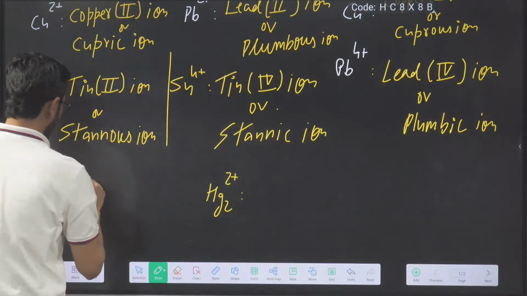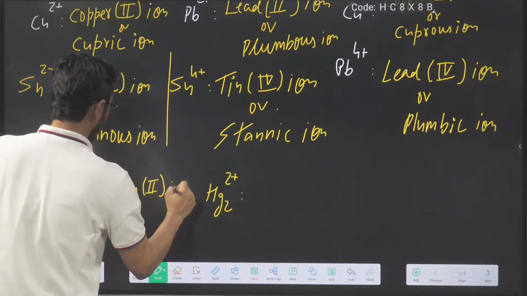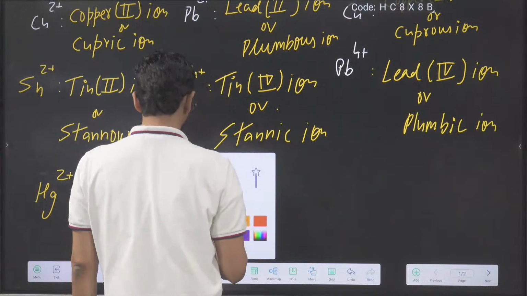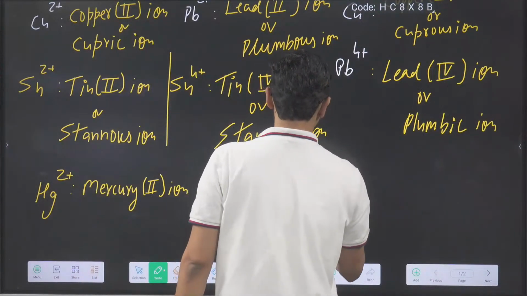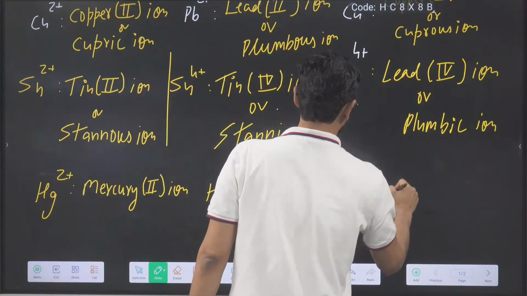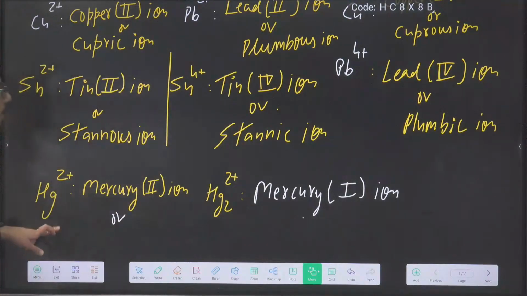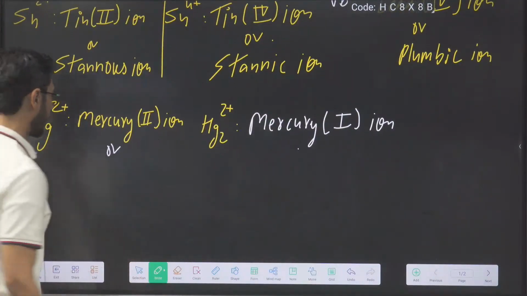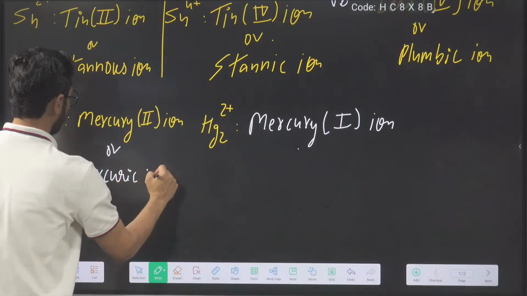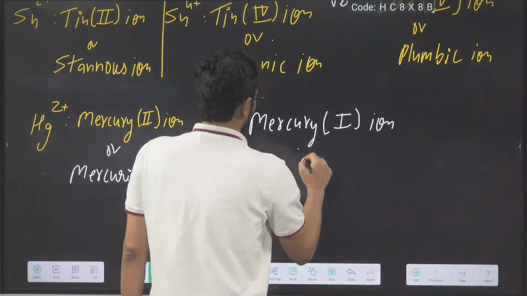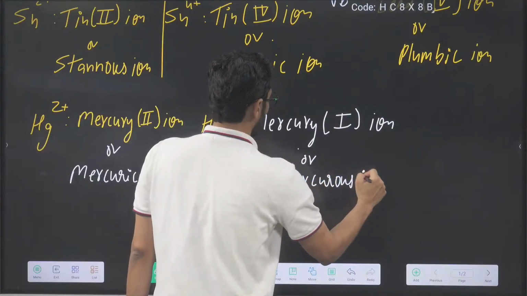In this case you will say firstly mercury(II) ion, and this becomes mercury(I) ion, or it is the mercuric ion, and this becomes the mercurous ion.